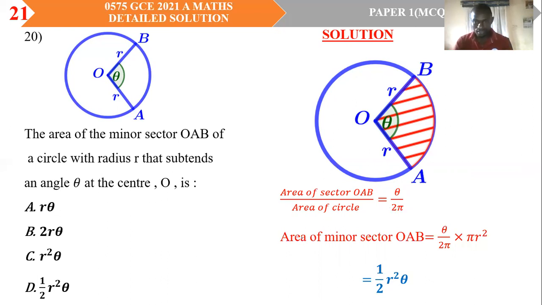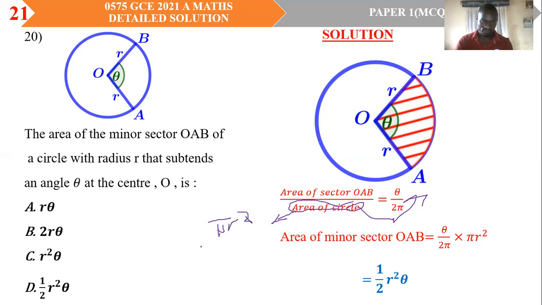Now, area of minor sector OAB will be equal to, you cross multiply the area on both sides. You cross multiply the area on this side, knowing that this area is pi r squared.